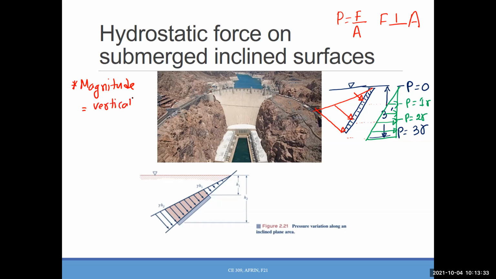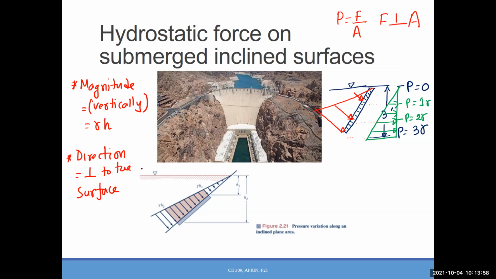Okay. That will give you the magnitude, and the direction will be what? Perpendicular to the surface. Okay. So this is important to know to get the pressure distribution.